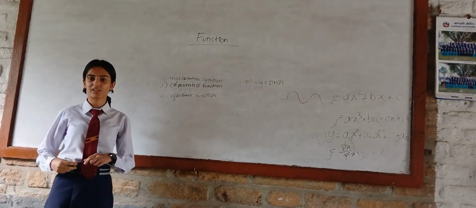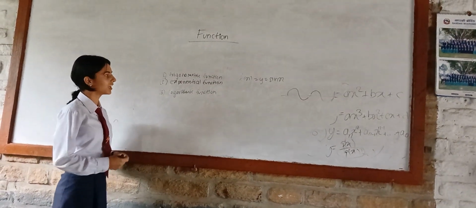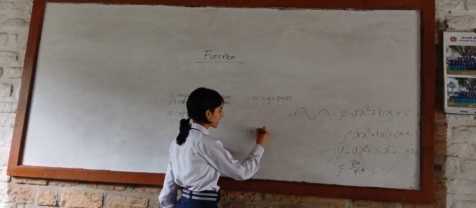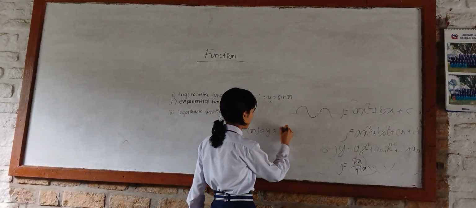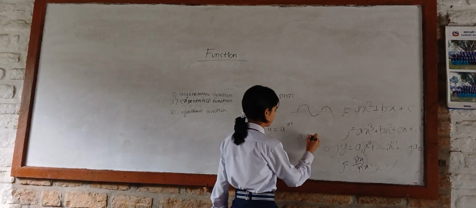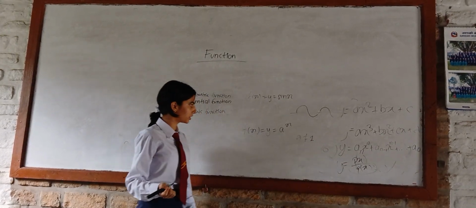Now number 2 is the exponential function. The function which is in the form y equals a to the power x, where a is not equal to 1, is known as the exponential function.